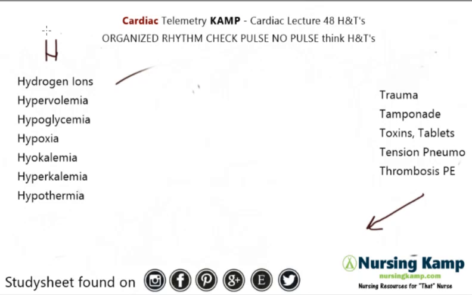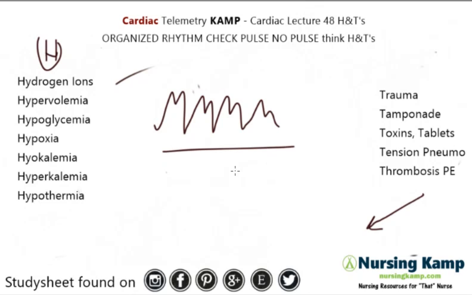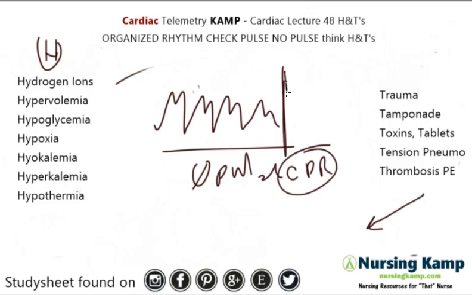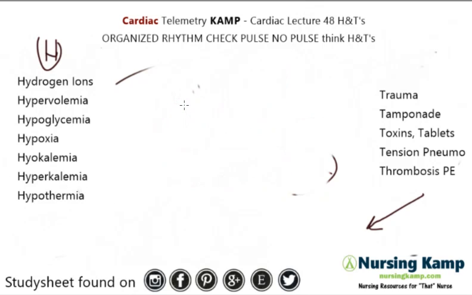So when you're in a code and the person has, say, for example, VTAC, and then you end up checking for a pulse. There's no pulse. So then all of a sudden you're doing CPR. And then what happens is you shock this rhythm. And then perhaps the patient shows up in an organized rhythm.